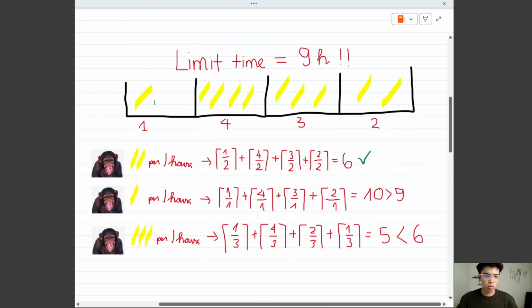And then he goes to the second pile, because he can eat 2 bananas in 1 hour, he can complete this pile in exactly 2 hours. After that, in the third pile, Koko spends exactly 1 hour to complete 2 bananas, and then the remaining 1 banana he would complete in 30 minutes.